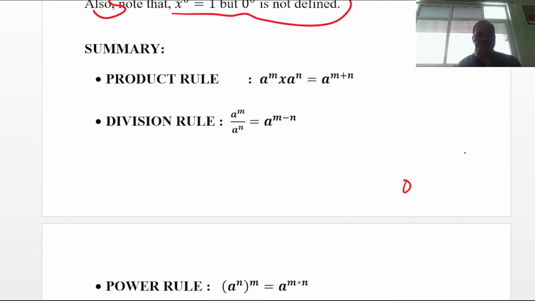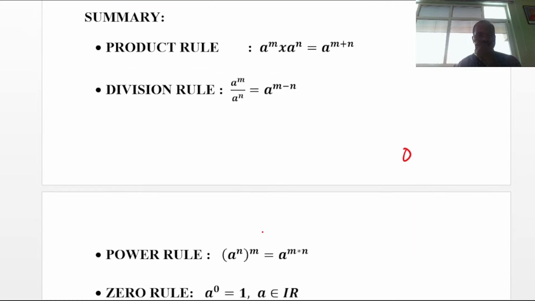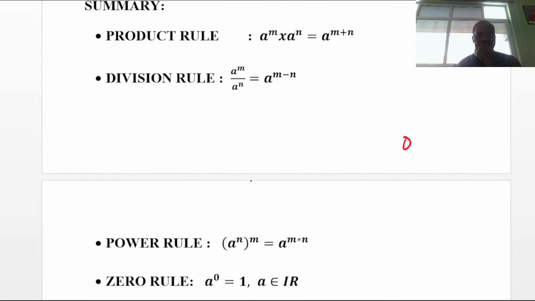So to summarize, after all these discussions, I think you are in a position to remember these rules. The first rule, we said we have the product rule, and this is when we have two exponents with the same base being multiplied, and you simply add the exponents.